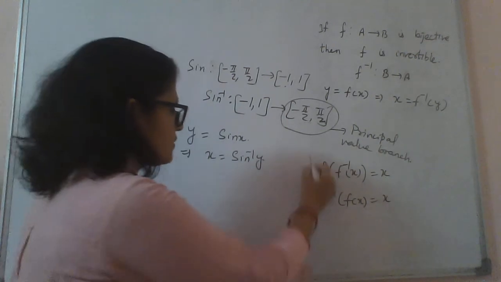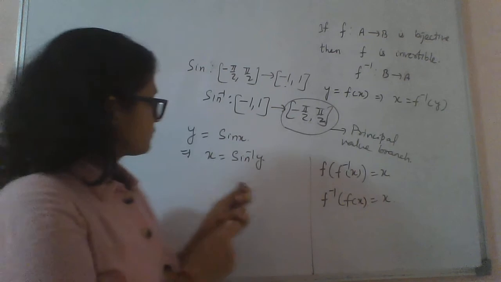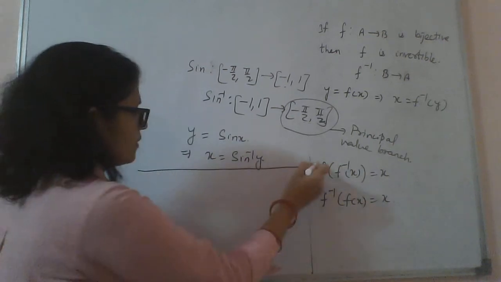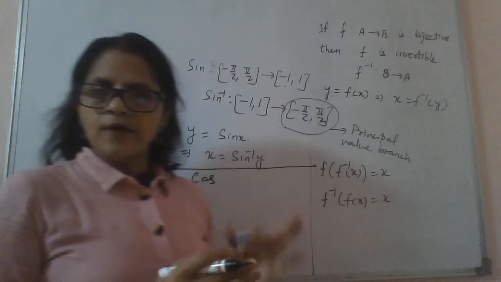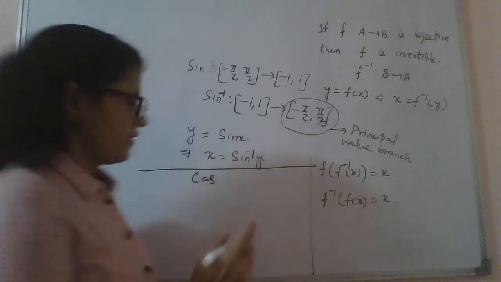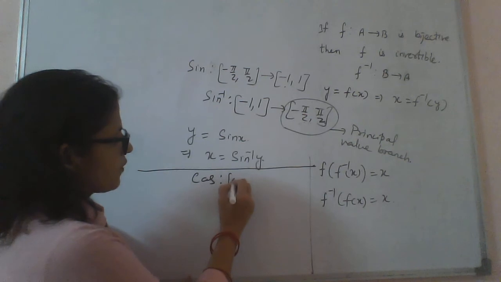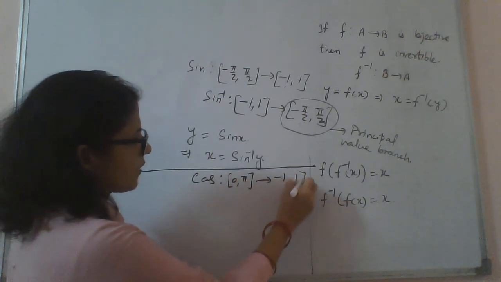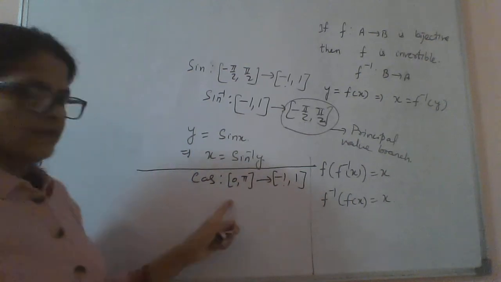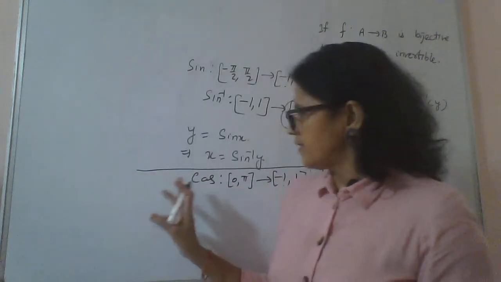Next, a similar thing will be taken for cosine also. Now here you see cos is a function from R to minus 1 to 1. Now if cosine is a function from 0 to pi to minus 1 to 1, it means we are covering the first quadrant and second quadrant, so no value will be repeated here.